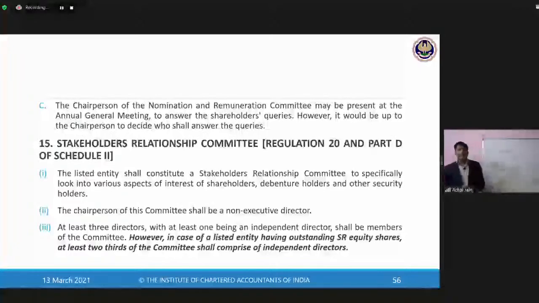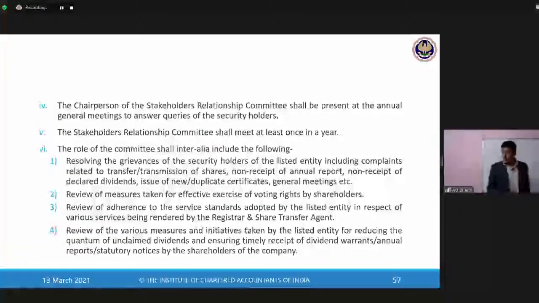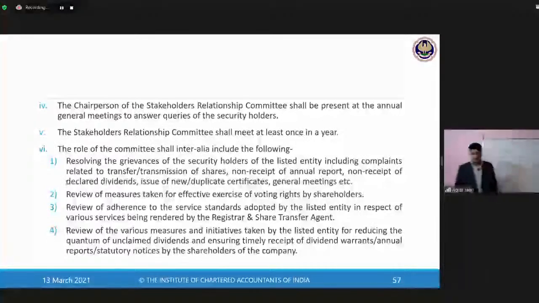The listed company shall constitute a stakeholders relationship committee to specifically look into various aspects of interest of stakeholders, debenture holders, other security holders. And the chairman of this committee shall be a non-executive director. Then once again, we have the number of directors, which you can just read later on. We should move on to the role of this committee. So let's understand what is the role of this committee.